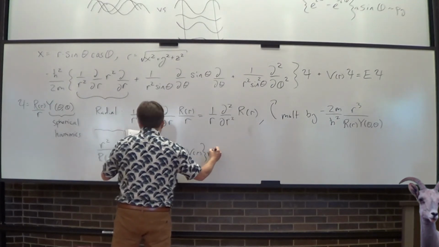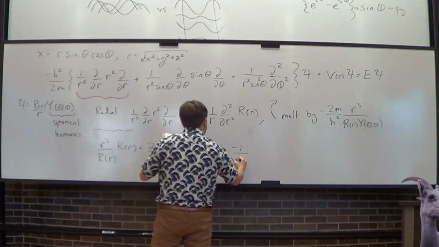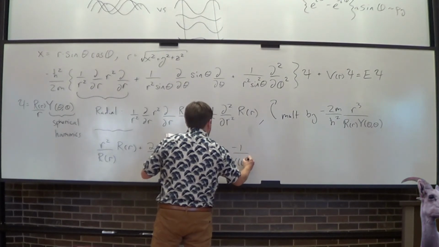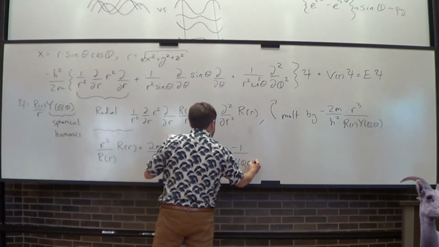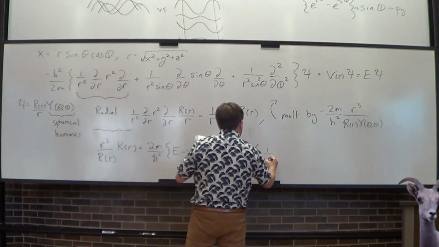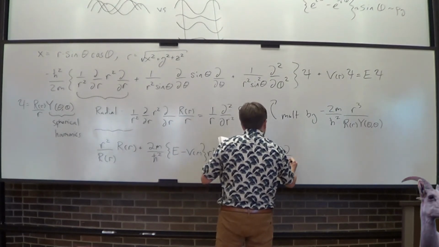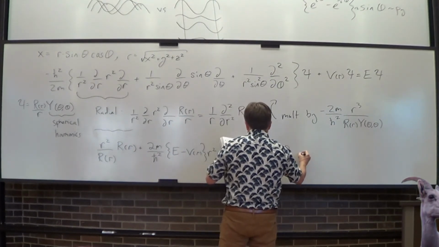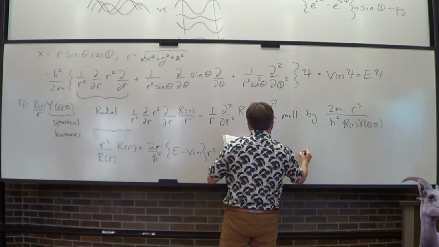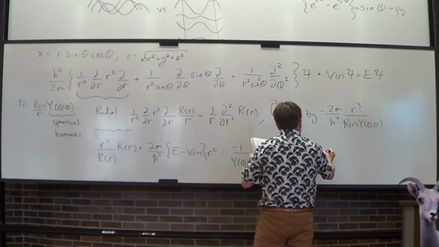Here's our R squared equal to, okay, I have a minus sign because it's been brought over to the right side. And then here's all the operators. I'm not going to spend a lot of time on this, and by that I mean I'm not going to spend any time on this. The solution to the angular part, this can be separated as well.